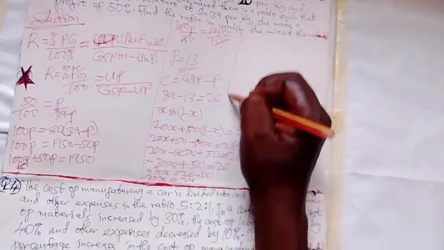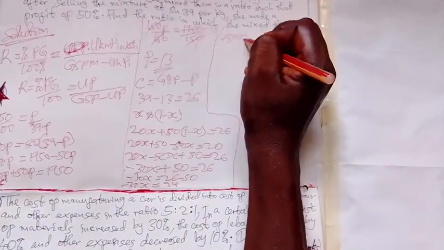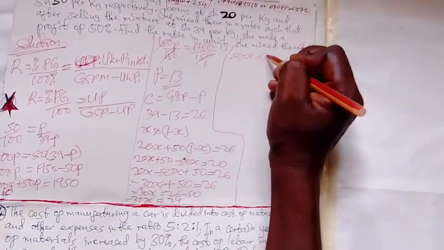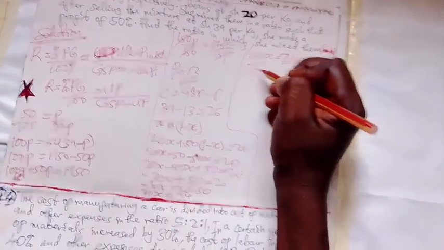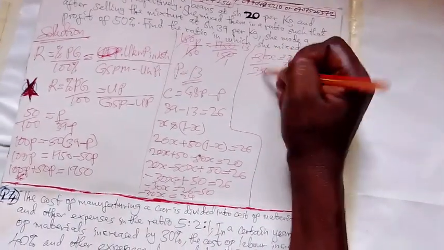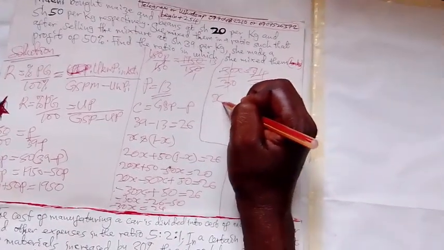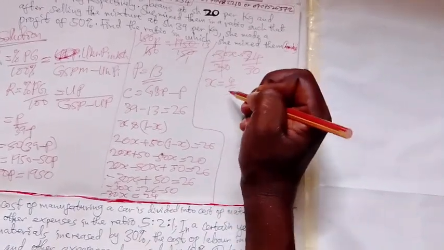Here we say negative 30x is equal to negative 24, divided by negative 30 on both sides. x is equal to 4 over 5.